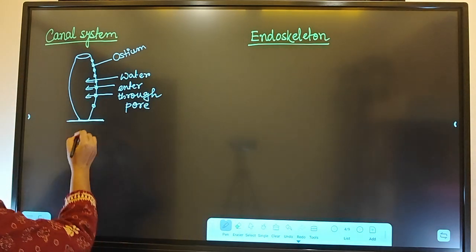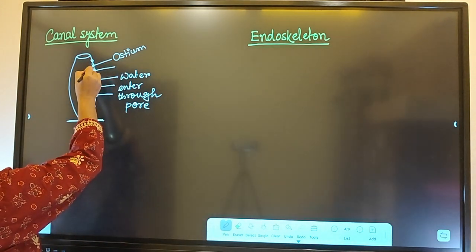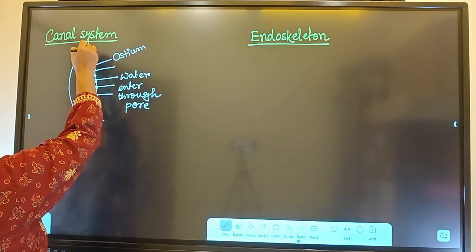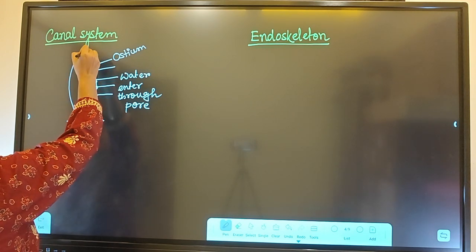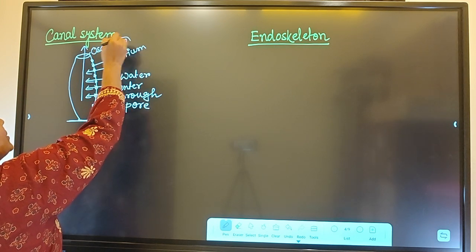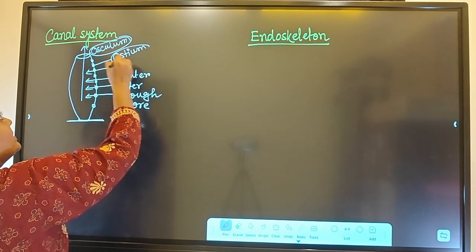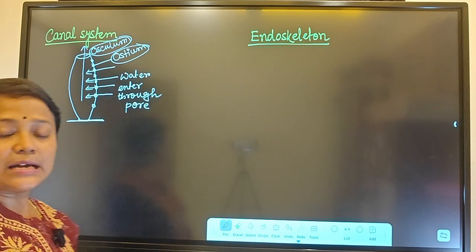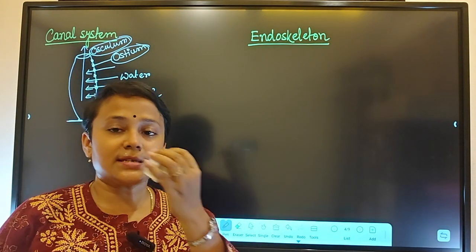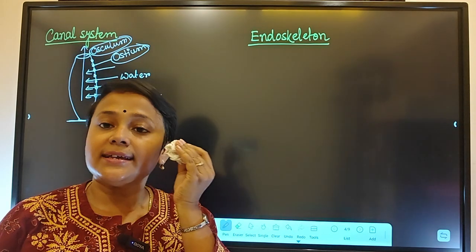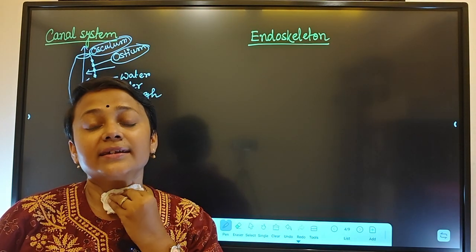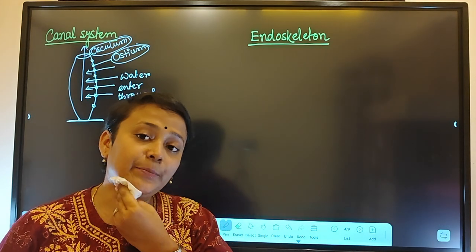So here water will enter through the ostia and it will go out through a large opening which is called osculum. Ostium, ostia, and osculum, oscula. By the help of this water system, they can do their excretion, digestion, food gathering, and they can do their reproduction.